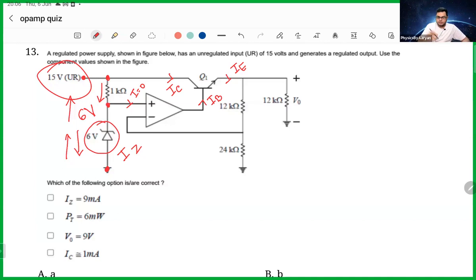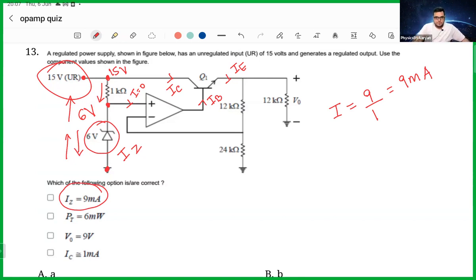And if that is 6 volt and this is 15 volt, then the current in this resistor will be 15 minus 6, which is 9, divided by 1 kilo ohm, which is 9 milliampere. So we are able to answer our first question: yes, the Zener current is 9 milliampere, because the current in the resistor and the current in the diode will be the same.